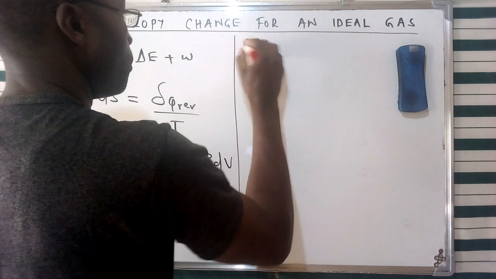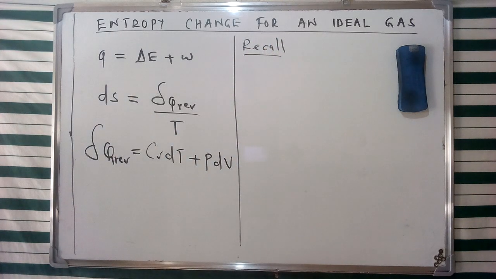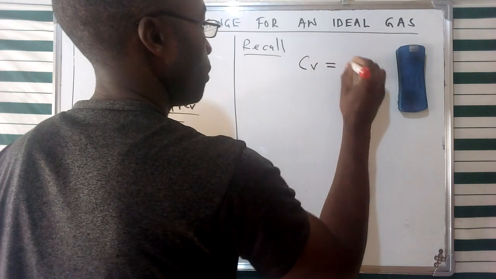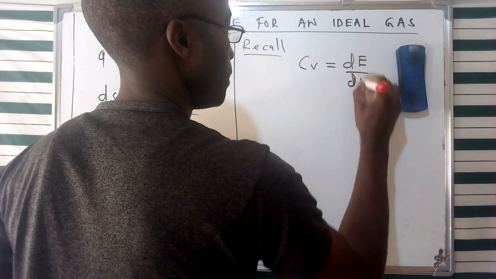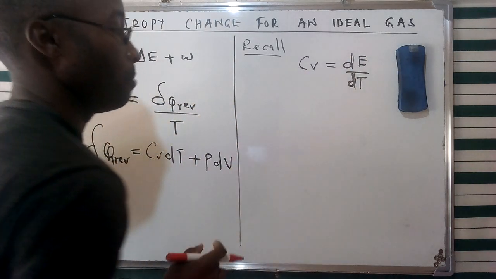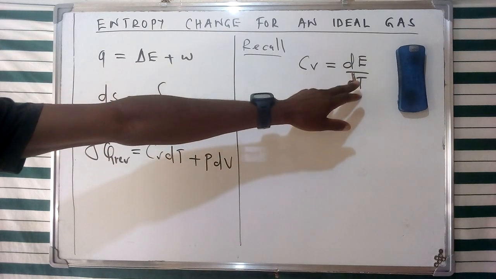Now, to comprehend this representation, we had said that we can represent what we refer to as the molar heat capacity at constant volume, which was given as dE over dT, whereby dE is the change in the internal energy and T is the absolute temperature. So this ratio was used to represent dE over dT.